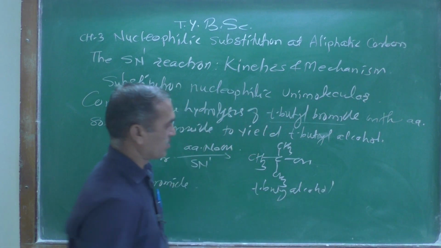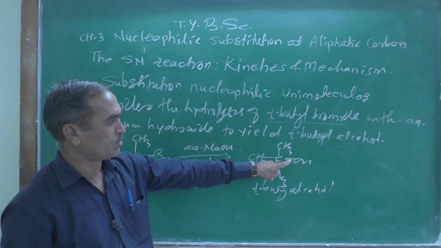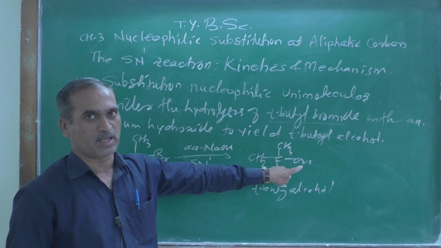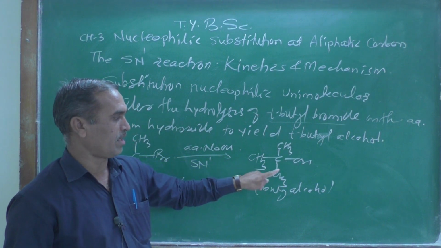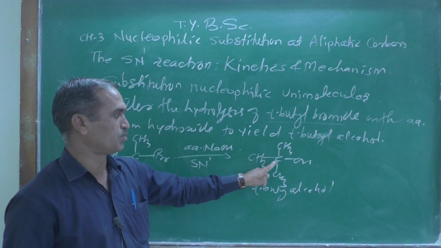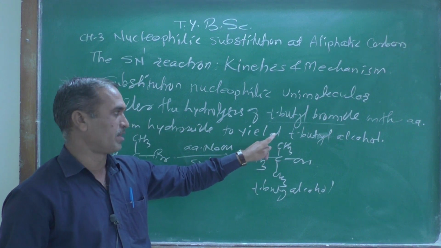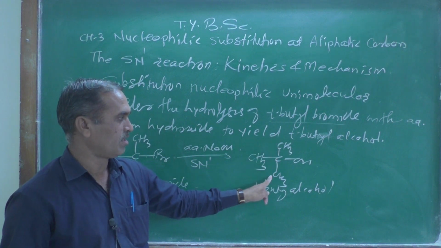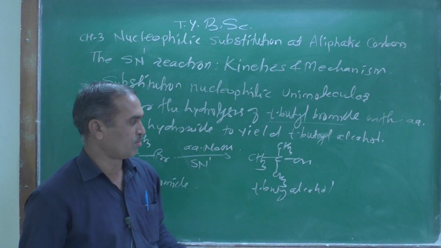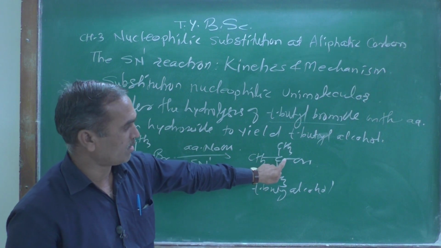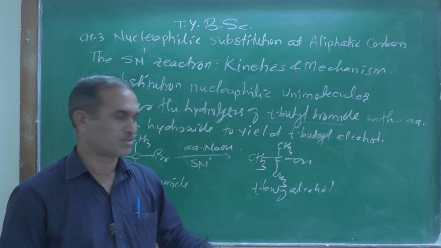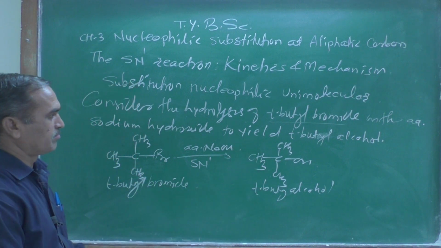What is the IUPAC name of this compound? At the 2 position there is an OH, and a methyl group is here, so number 1, 2, 3, or you can number from this side 1, 2, 3.